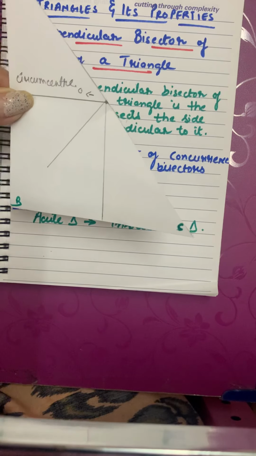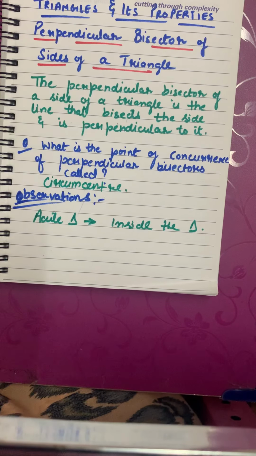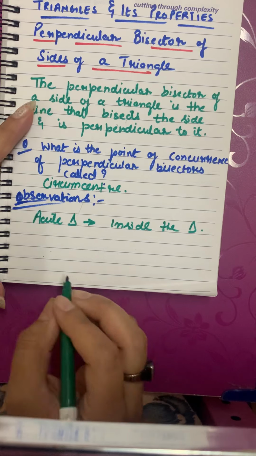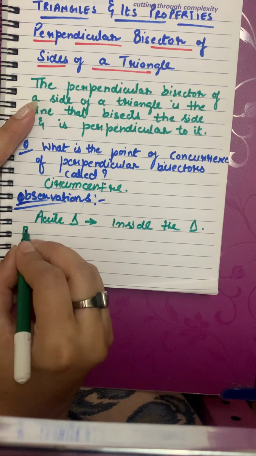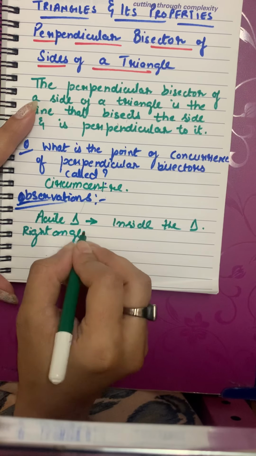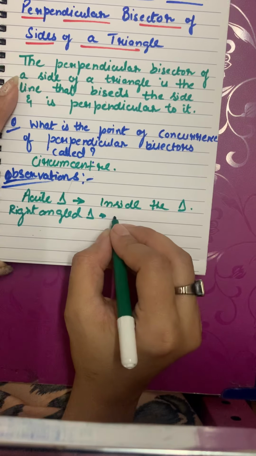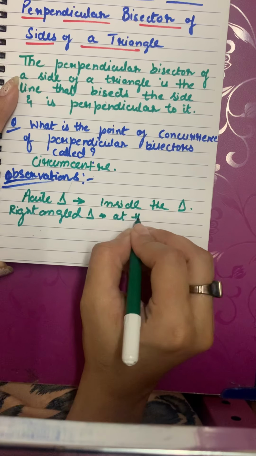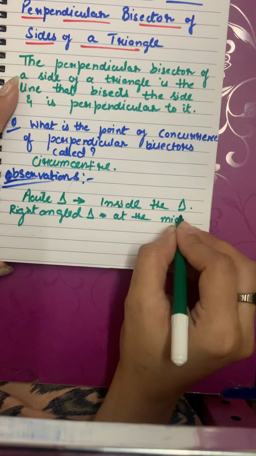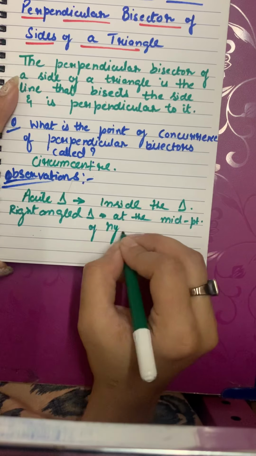You will see this. So my second observation is, in right angled triangle, it is lying at the midpoint of hypotenuse.